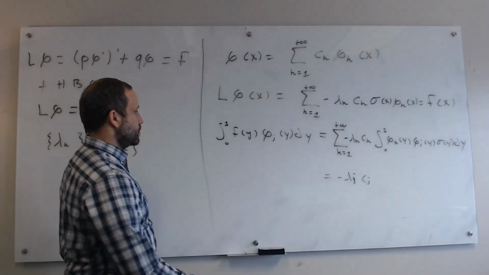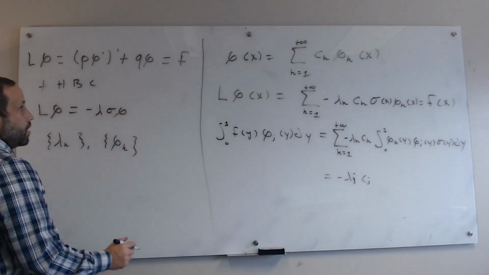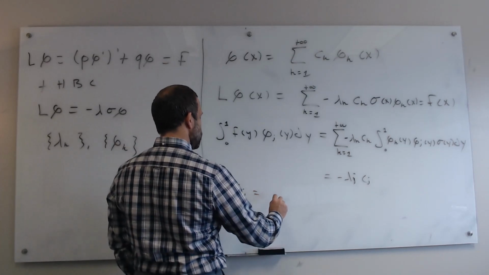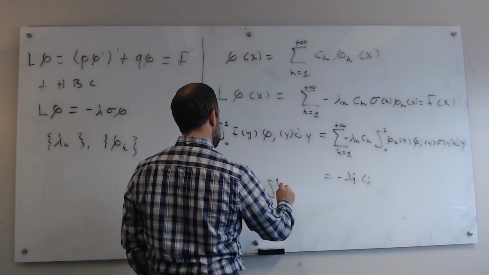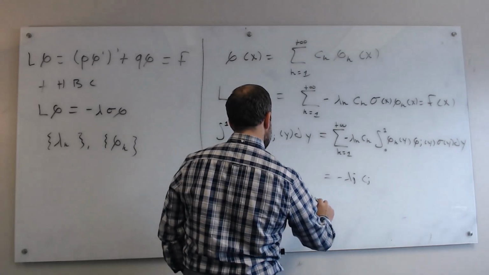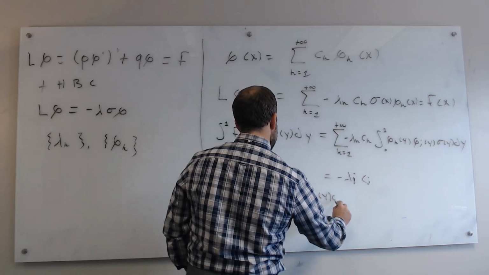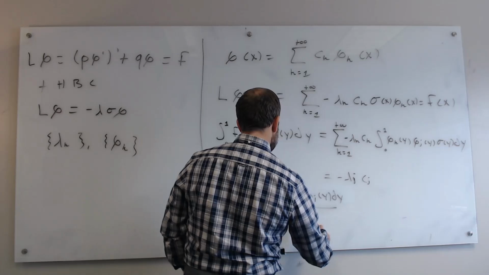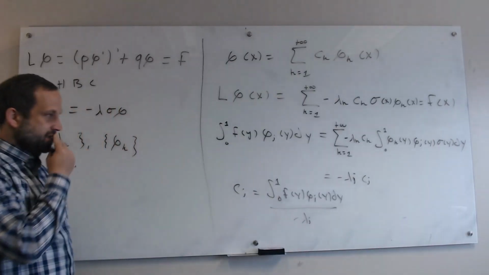So we can solve this for cj, and we get that cj is equal to the integral from 0 to 1 of f of y phi j of y dy over minus lambda j, like this.